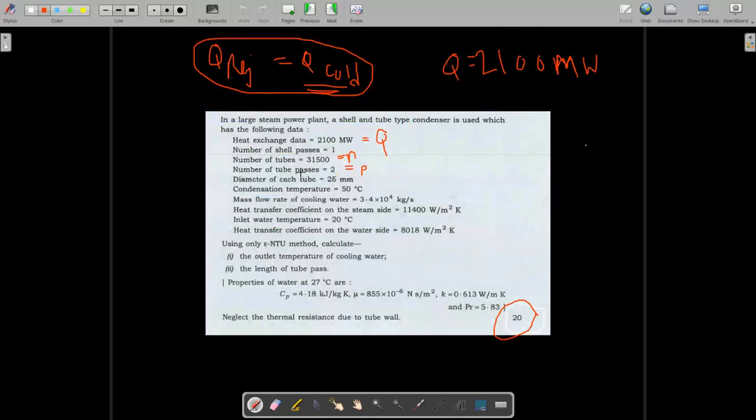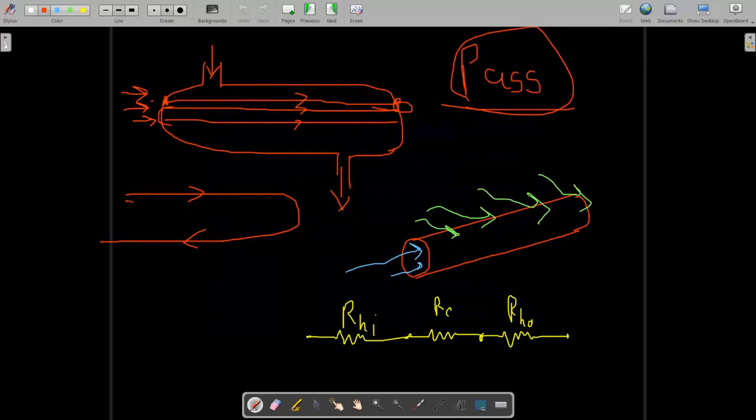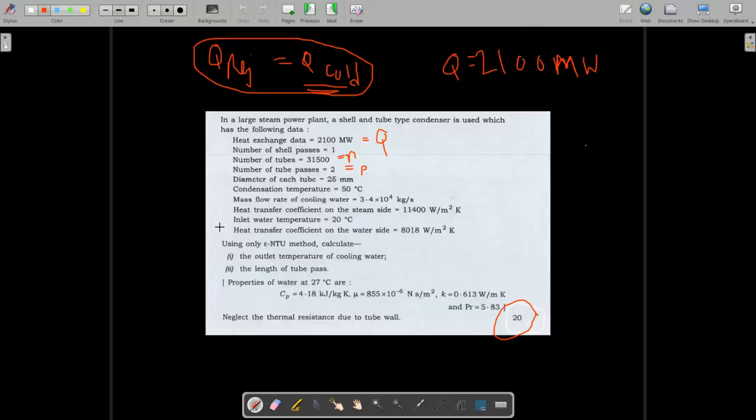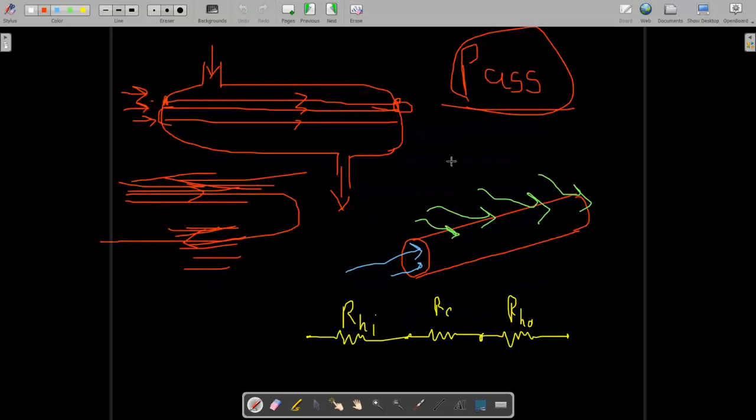And there are 31,500 tubes in one run. That means this number of tubes is in one pass and the same on the other pass. One more thing I forgot to tell you: the heat transfer is by convection mechanism. So the area of heat transfer is the surface heat area.